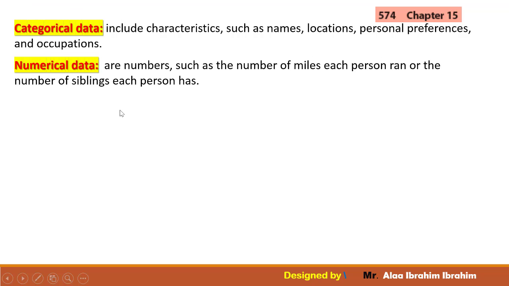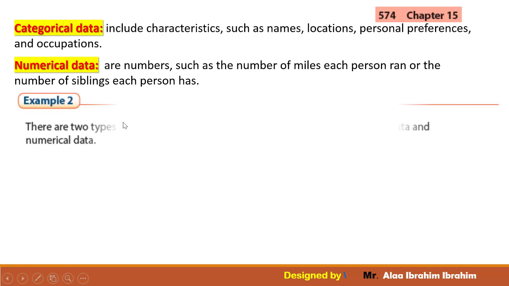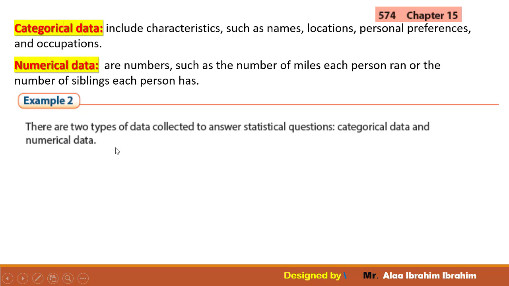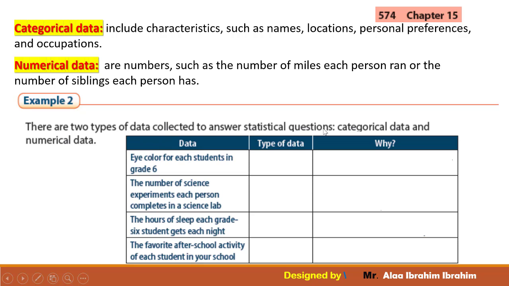So we have another type, numerical data, or a number. We can say categorical data describes something, but here we're dealing with numbers. So numerical data means we're dealing with numbers. Now let's take this example. Two types of data for collecting answers to a statistical question: categorical data and numerical data.